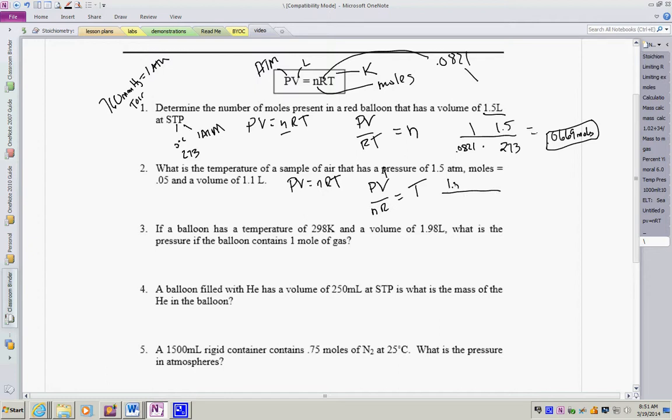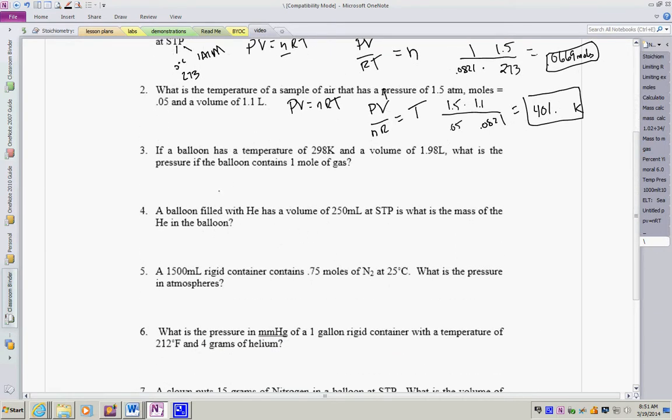Pressure is 1.5, the volume is 1.1, n is 0.05, and R is 0.0821. Take a moment, calculate it out. This answer will be in Kelvin. Someone gets the answer, let me know. What do you got, Sam? 401.95. Okay, we'll stick with 3 sig figs.